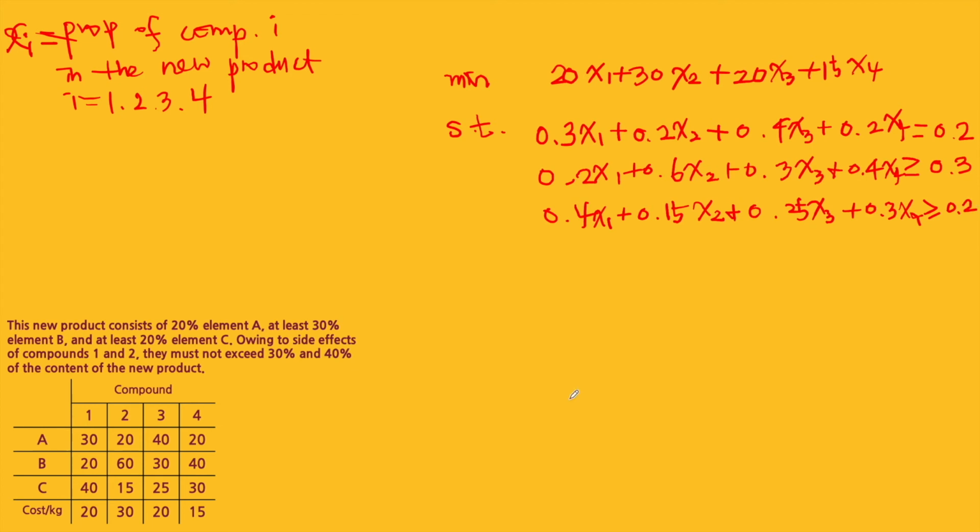And then the proportions of compounds 1 and 2 cannot exceed 30% and 40% of the new product. So we are going to write down here x1 cannot exceed 0.3 and x2 cannot exceed 0.4. There you go.